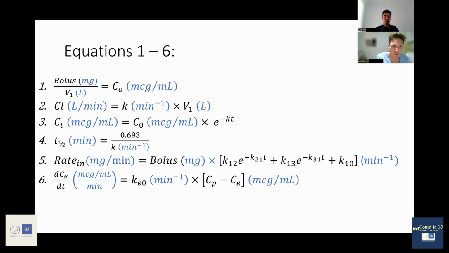So remember before I said the rate of administration in milligrams per minute is equal to your initial bolus dose, 100 milligrams, multiplied by, open brackets, a whole bunch of complicated maths, close brackets, right? And what's inside those brackets is just a number for K. Now, the maximum number for K is the initial infusion rate, which is simply K10 plus K12 plus K13.